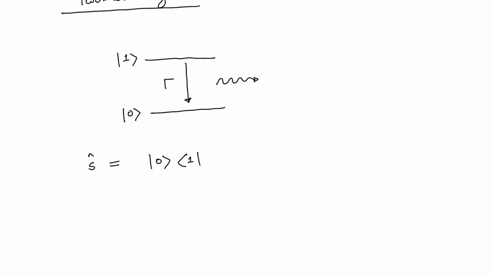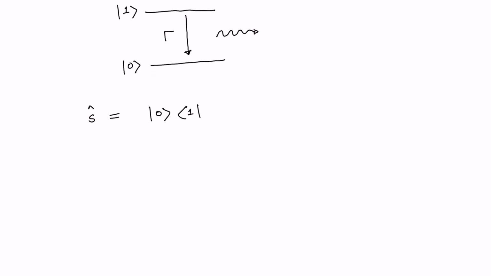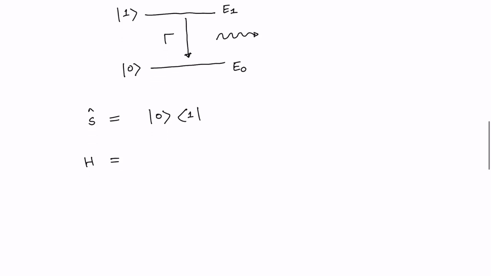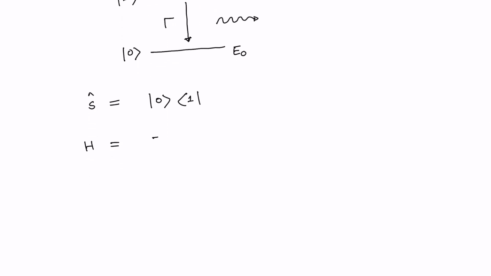So this is the system relaxation operator, and for the Hamiltonian of the system, say the excited state has energy E1 and the ground state has energy E0, then in the basis of ket 0 and ket 1, we can write the Hamiltonian of the system as E1 ket 1 bra 1 plus E0 ket 0 bra 0.